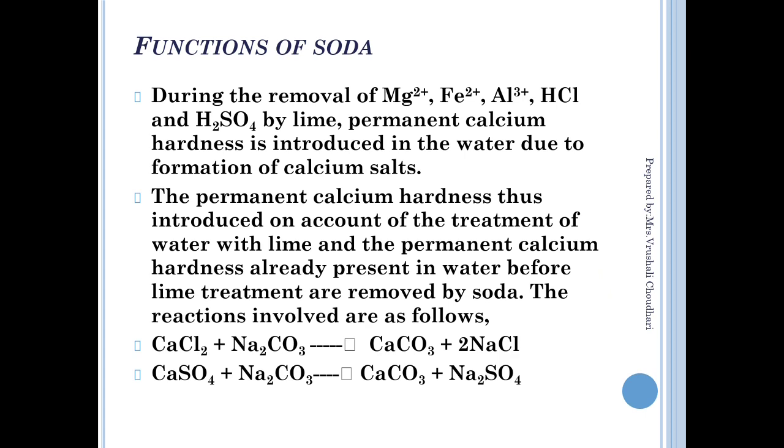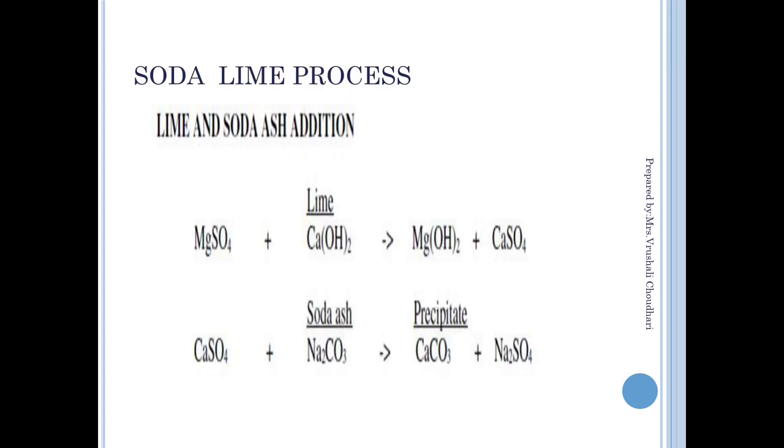The permanent calcium hardness is due to the chloride of calcium and sulfate of calcium and magnesium salts. So we are adding soda, that is sodium carbonate. It is converted into insoluble calcium carbonate, and the sodium salt is converted into sodium chloride.